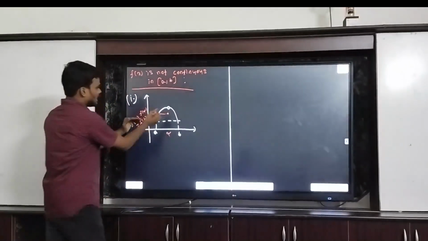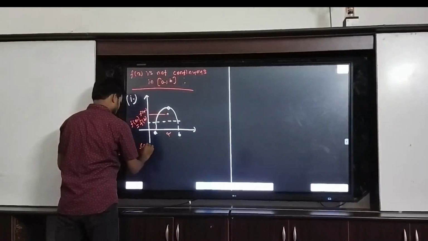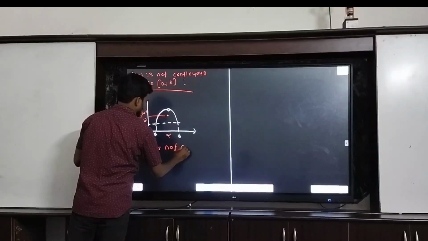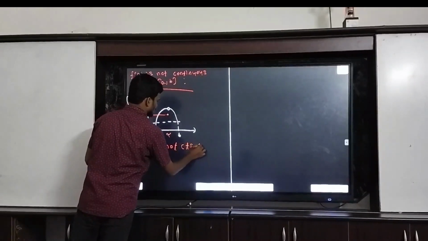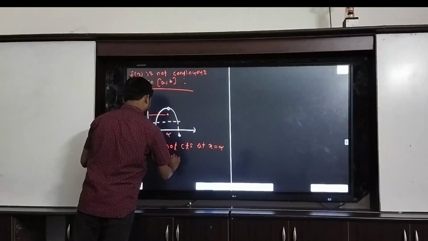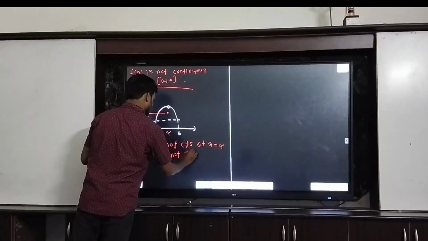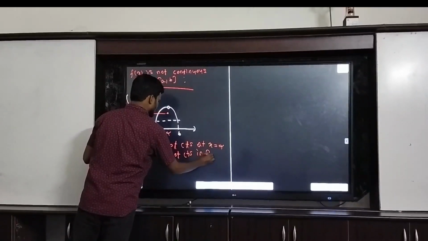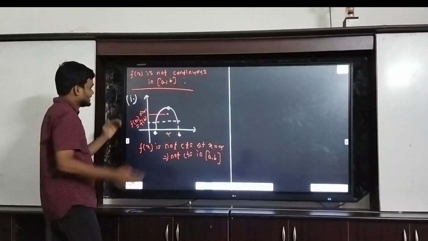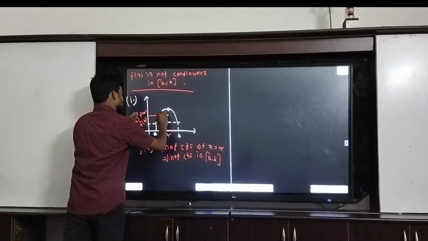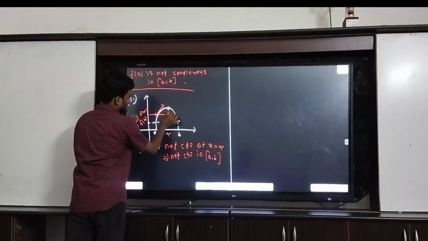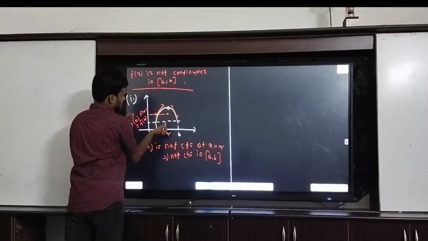Clearly at alpha, f of x is not continuous at x is equal to alpha, so it is not continuous in the closed interval AB. Then if we plot a tangent at this point, this is your tangent. If we plot a tangent at this point, this is your tangent.